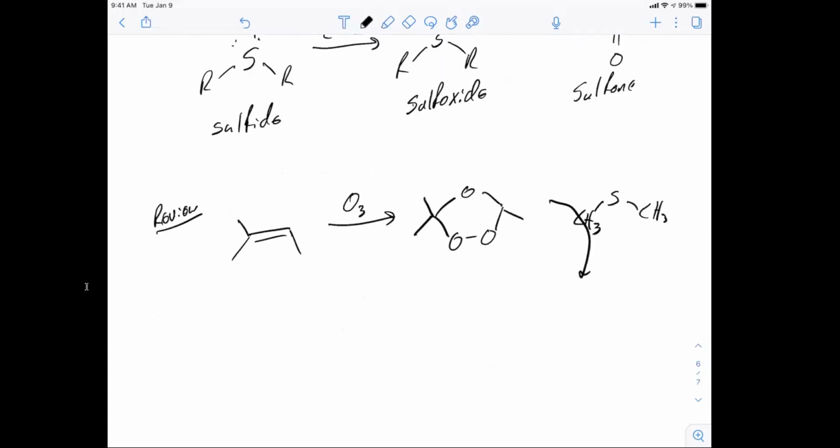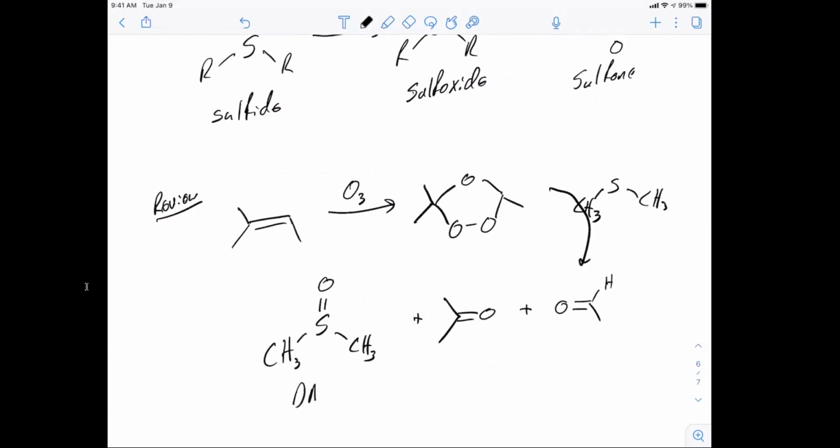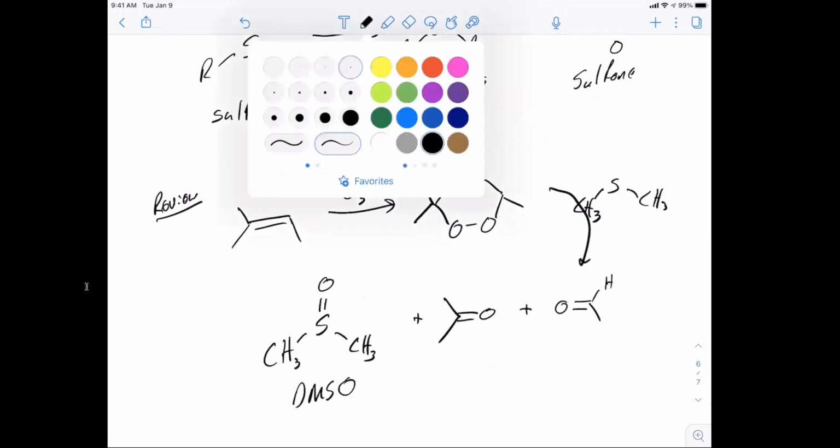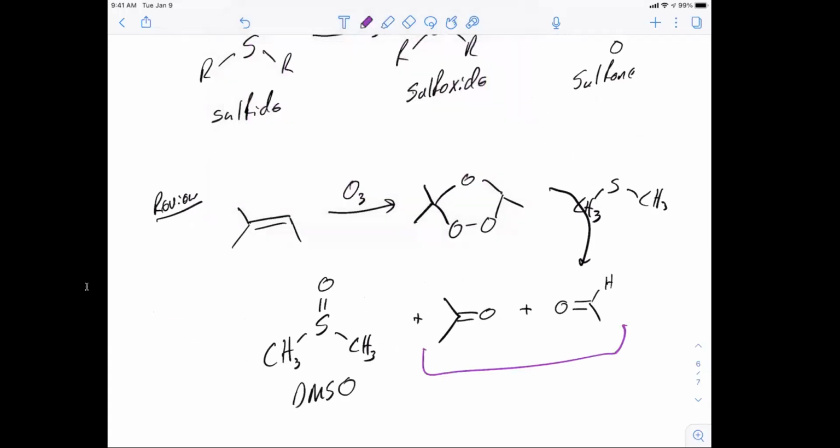That dimethyl sulfide is going to end up giving us the ketone plus the aldehyde plus the DMSO. We hadn't focused on this because it makes DMSO, and that wasn't what we were focused on. We were focused on these products, right?